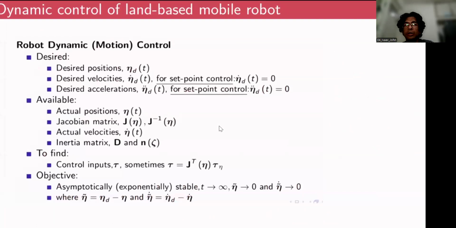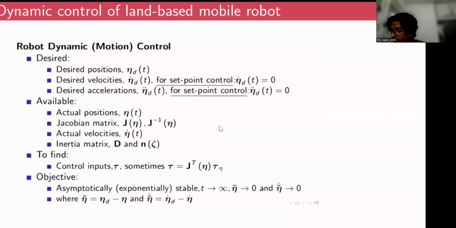Now we move on to dynamic control. It's very similar in derivation to the kinematic control, except that we have a few more parameters involved. Here as well, we want our robot to achieve a desired trajectory.